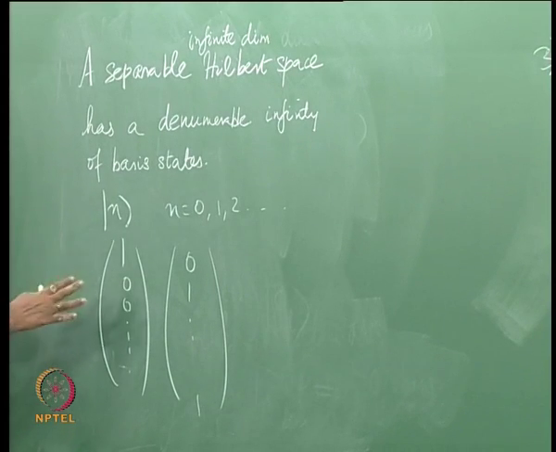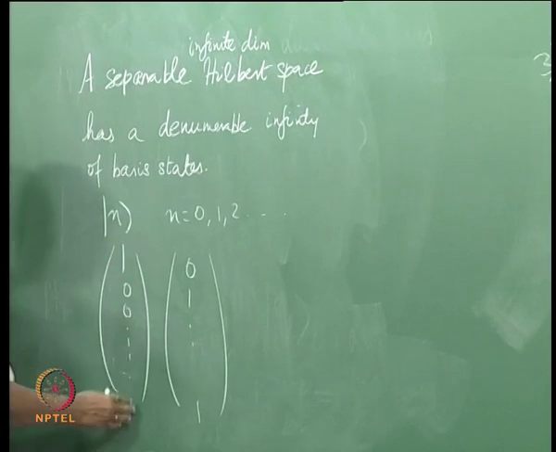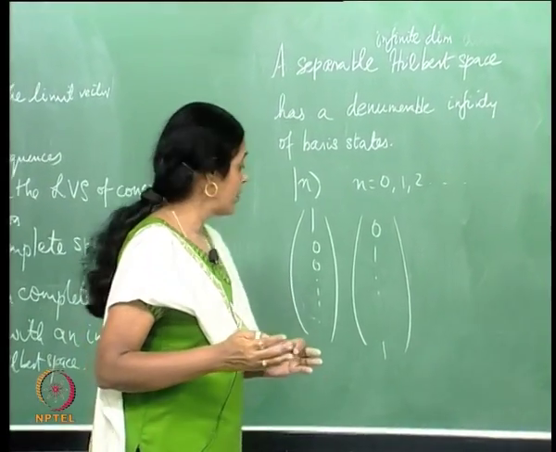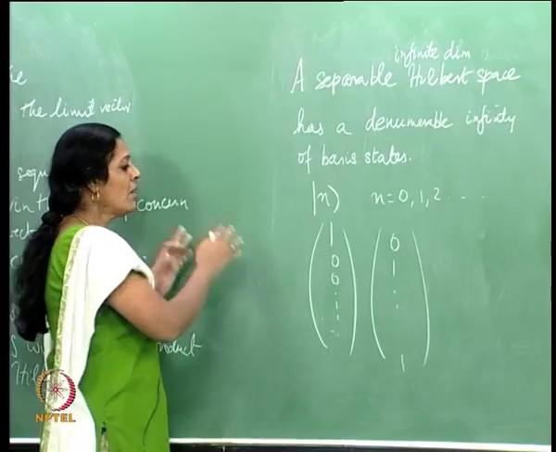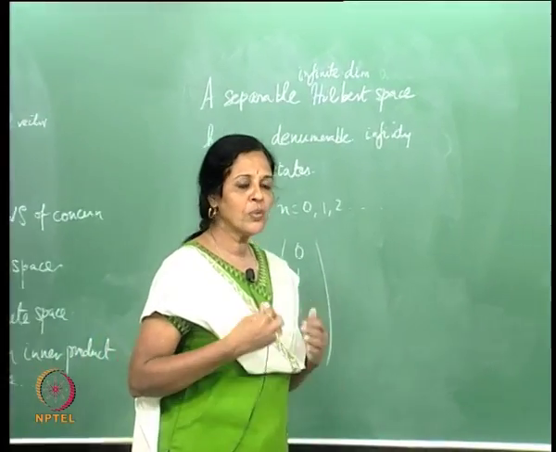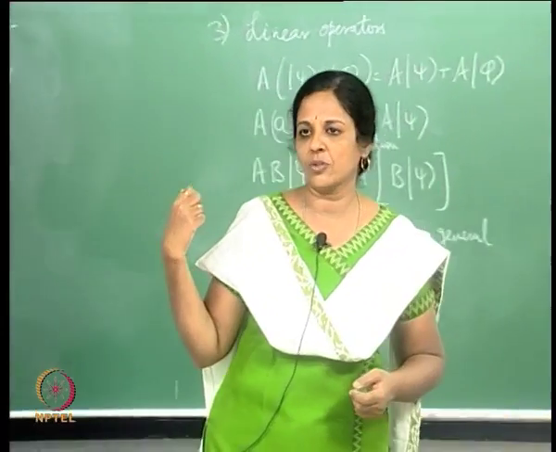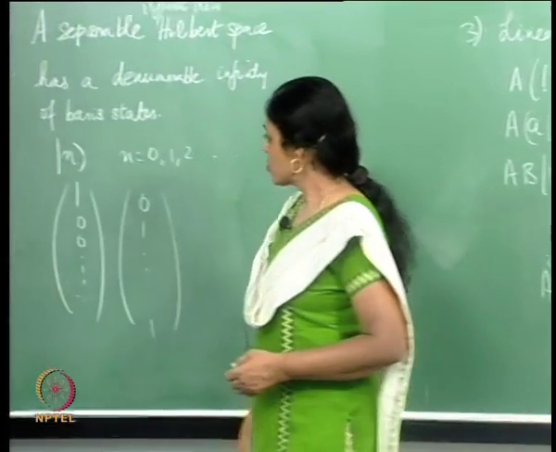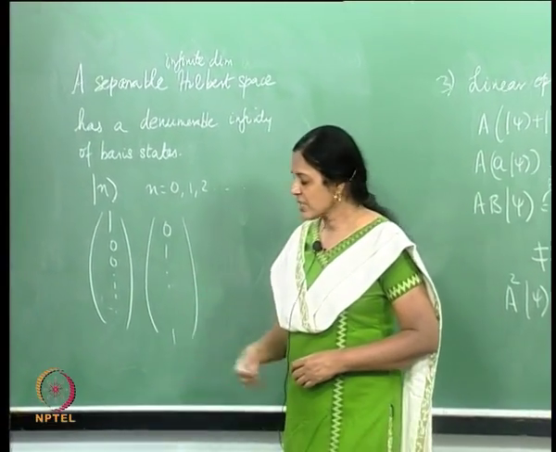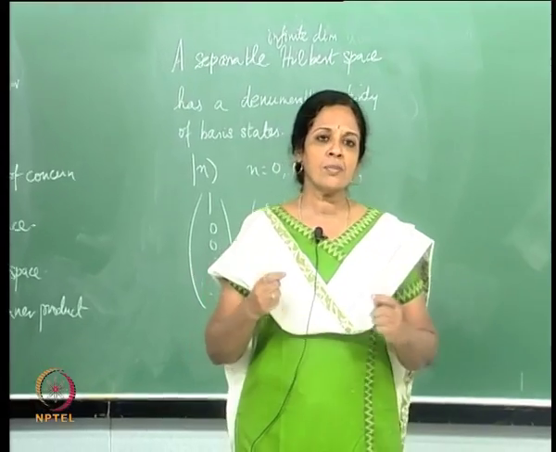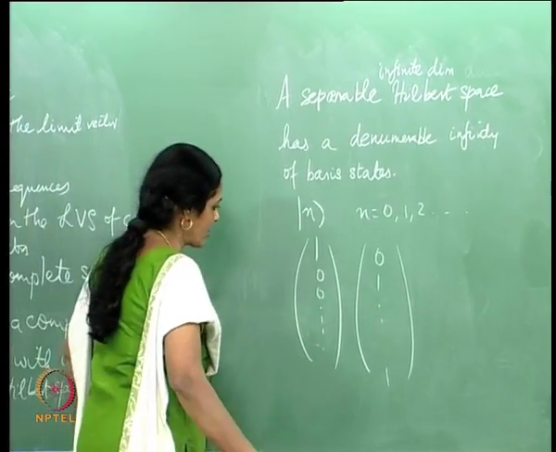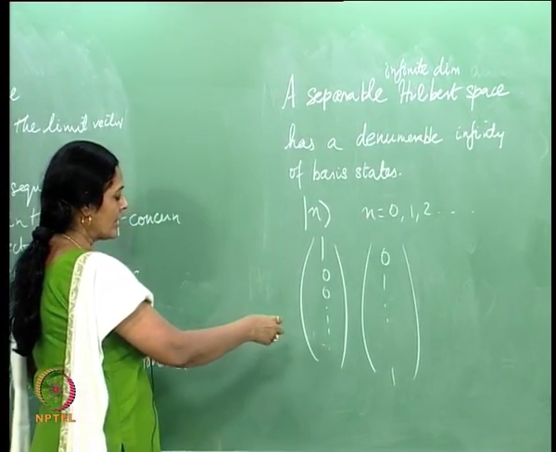In systems where I can write the basis states in this manner, and the operators are represented by infinite dimensional matrices, I can take over the machinery of matrix multiplication and so on, which we have used in finite dimensional linear vector spaces. I can carry that over to such systems, although they are infinite dimensional. Such a situation would arise when we study the simple harmonic oscillator, which we will be doing shortly, in one of the few lectures that come right after this.